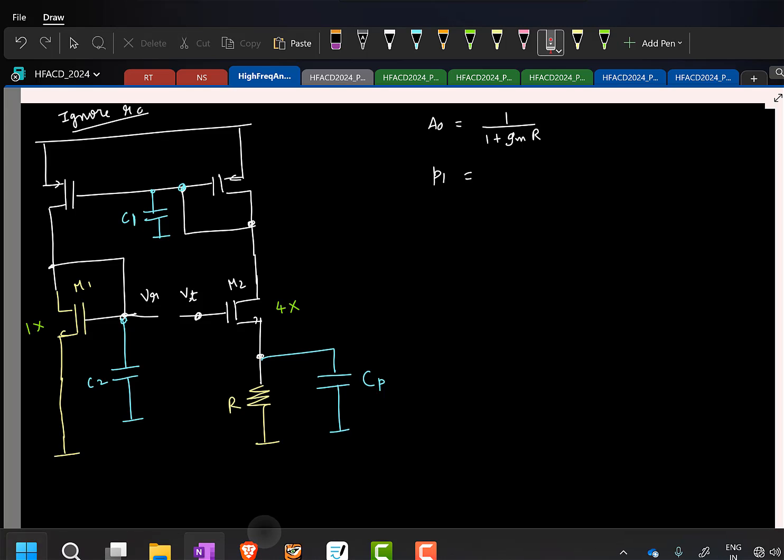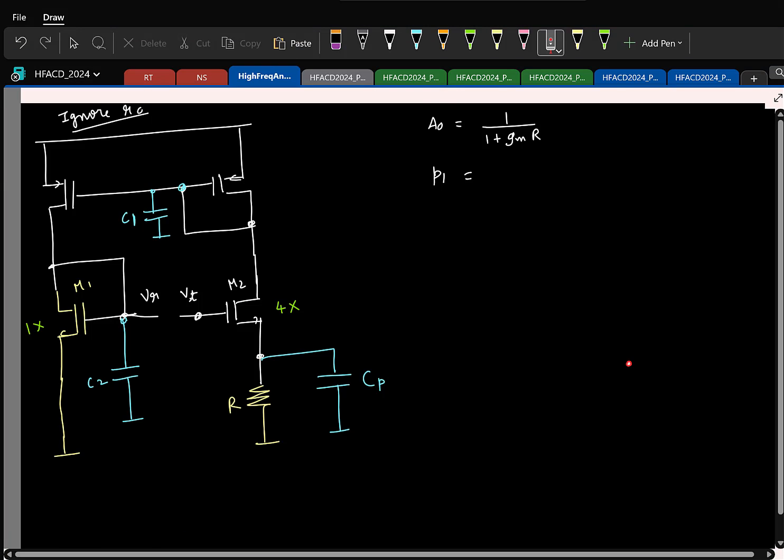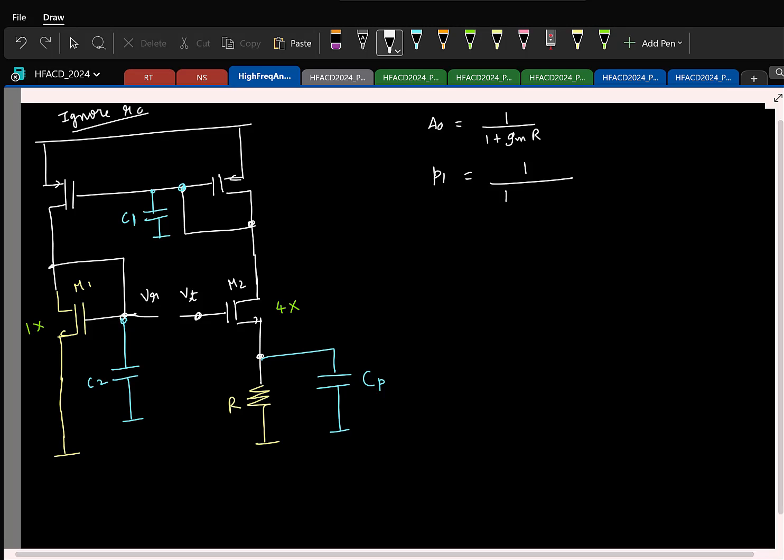That's because I've ignored R0 everywhere. So as you told, the resistance was 1 by Gm2 parallel R, times Cp. So if I simplify it, I think we'll get 1 plus Gm2R. Yeah, I think that's what we'll get.